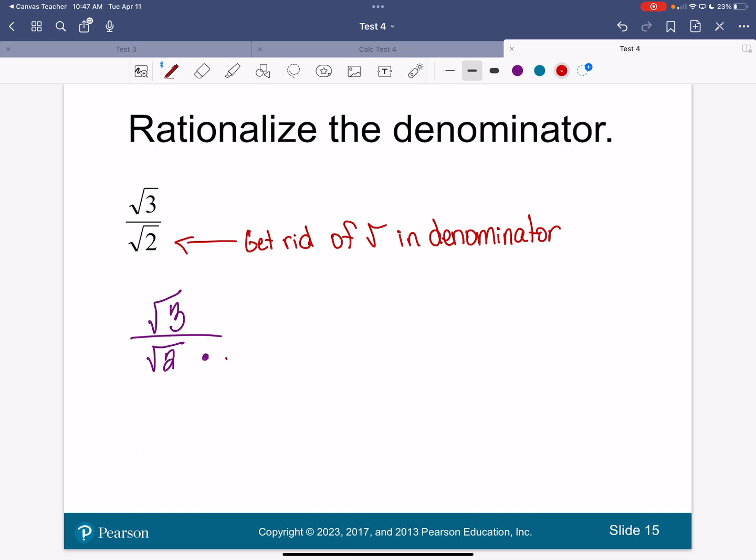Correct. So if I multiply the denominator by the square root of 2, what do I have to do to the numerator? Same thing. So square root of 2 times the square root of 2 is 2. This gives me 2 in the denominator.